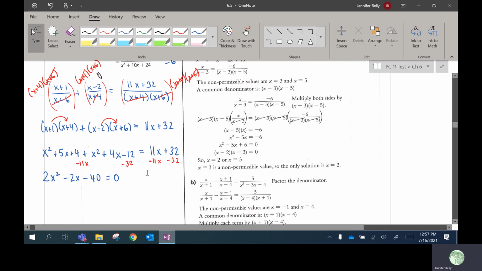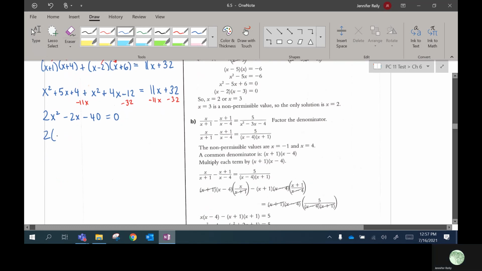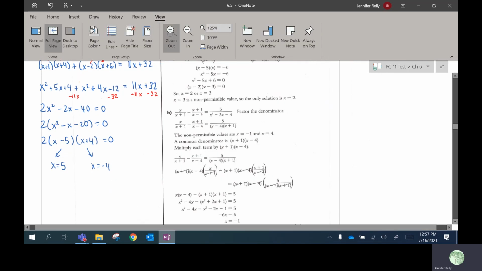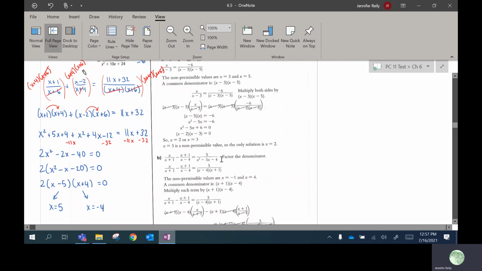And we solve by factoring. There's a common factor of 2. So I pull that out and factor this further to x minus 5, x plus 4. So there are two possible solutions here, x equals 5 or x equals negative 4. And again, we always have to be careful in this chapter because our solutions might be non-permissible values.